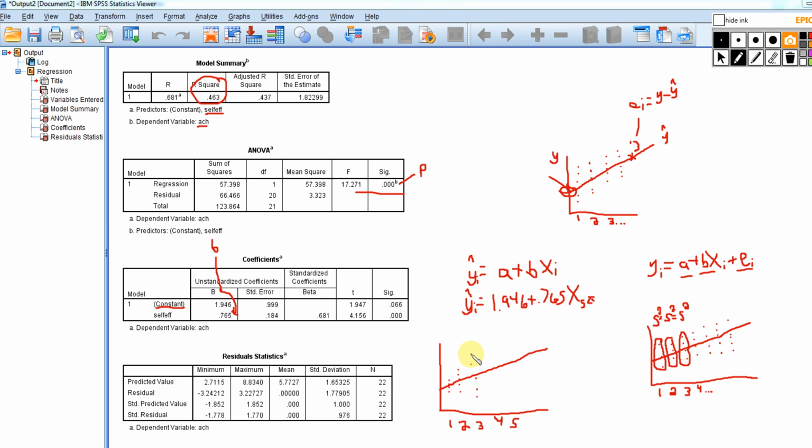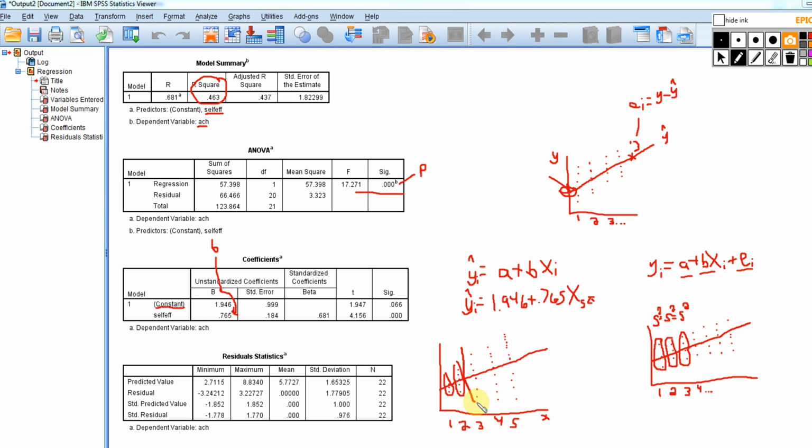Hopefully you can see that there's sort of this cyclical pattern in the residuals, and as scores are increasing on x, you actually see greater amounts of prediction error. At lower values of x, you have small amounts of prediction error, but as scores on x are increasing, the variation in the prediction errors is increasing.